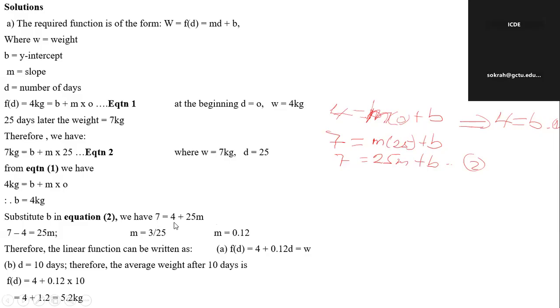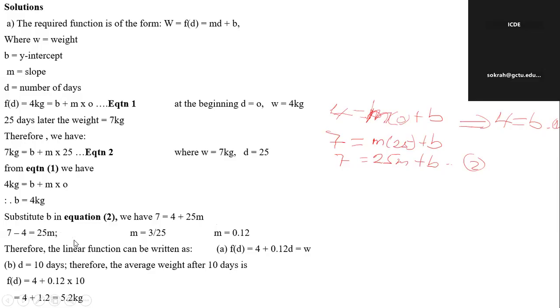But don't forget, the 4 is positive here. So if we move it across the equal sign, it changes to negative. So we have 7 minus 4 being equal to 25M. So that gives us 3 is equal to 25M.